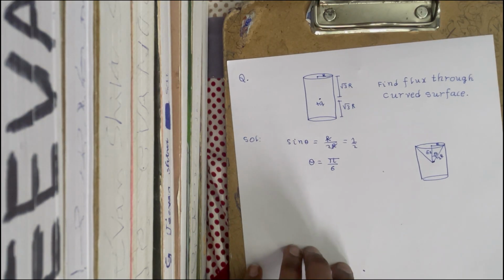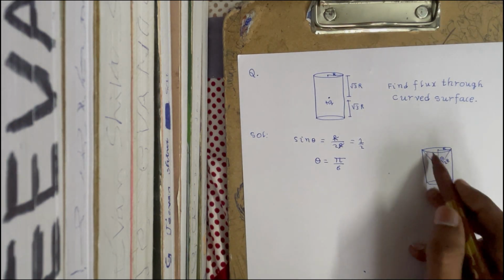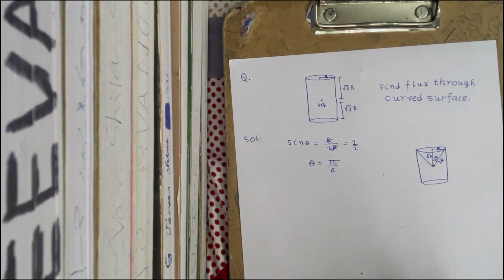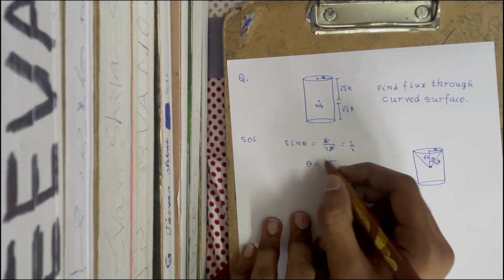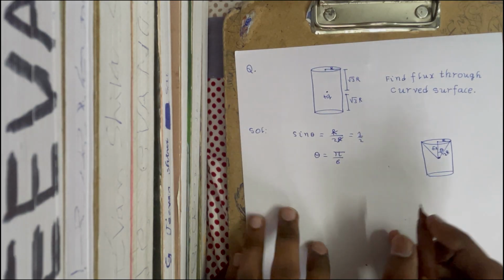So by this we can substitute this in the solid angle formula, as we know the relation between this and solid angle.